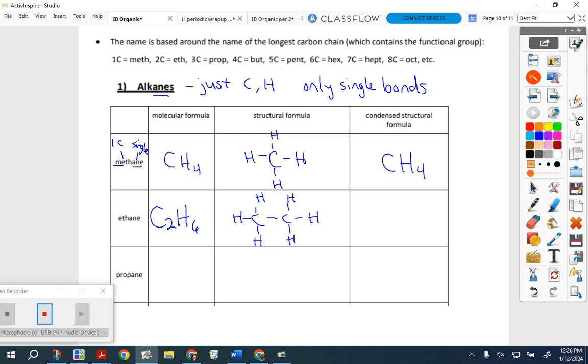In this case, the condensed structural formula, we're going to start writing it differently. It's going to give us an idea of what the chain looks like. What are the sequence of parts of the carbon chain? So the way we're going to write a condensed structural formula for ethane is CH3, CH3.